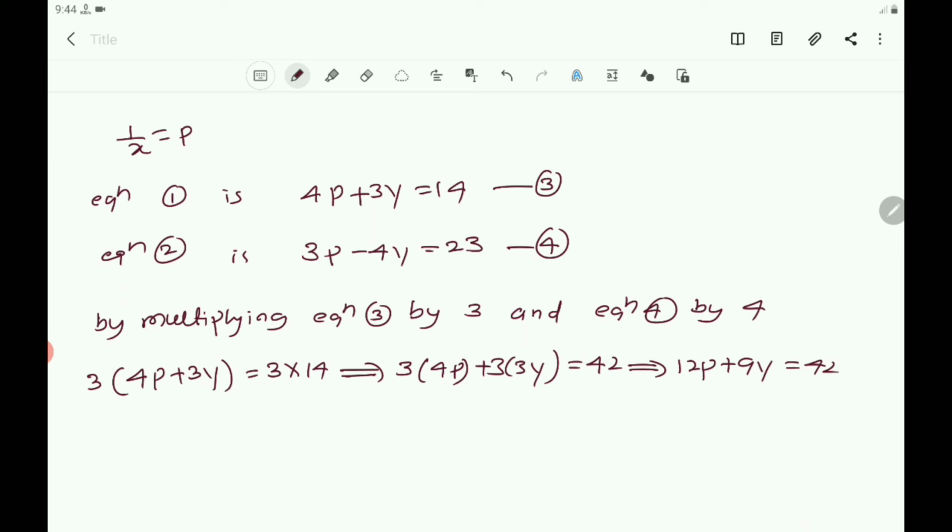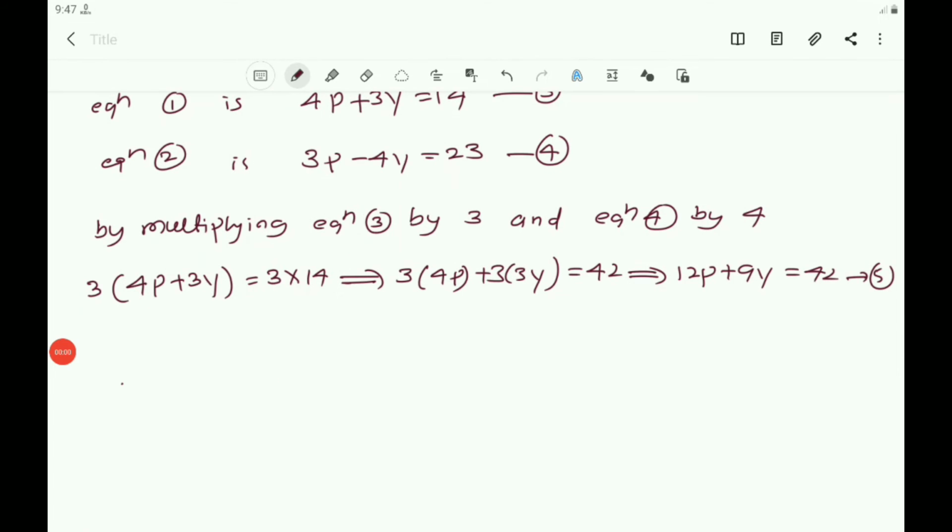Next, multiply the second equation by 4, that is 4 into 3p minus 4y is equal to 4 into 23.